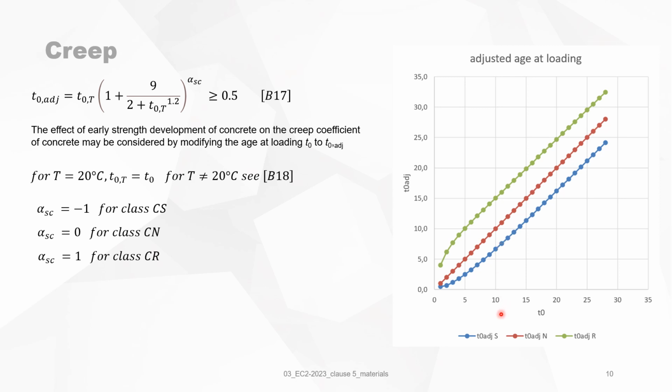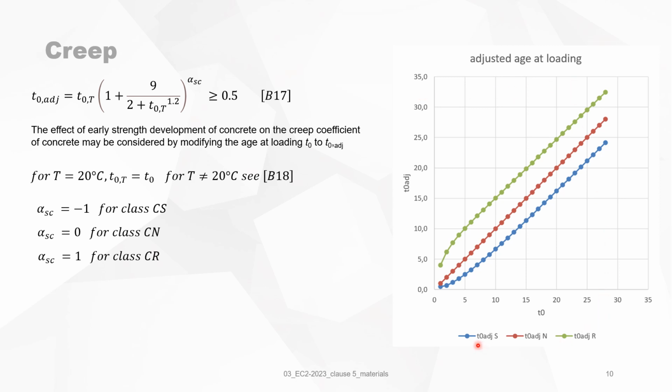But if you use, for instance, a rapid hardening cement, then when time of loading is something like 28 days, which is the end of the curve, you have to adjust the 28 to a number equal to 33 or something like that. So it's not much difference between those two.